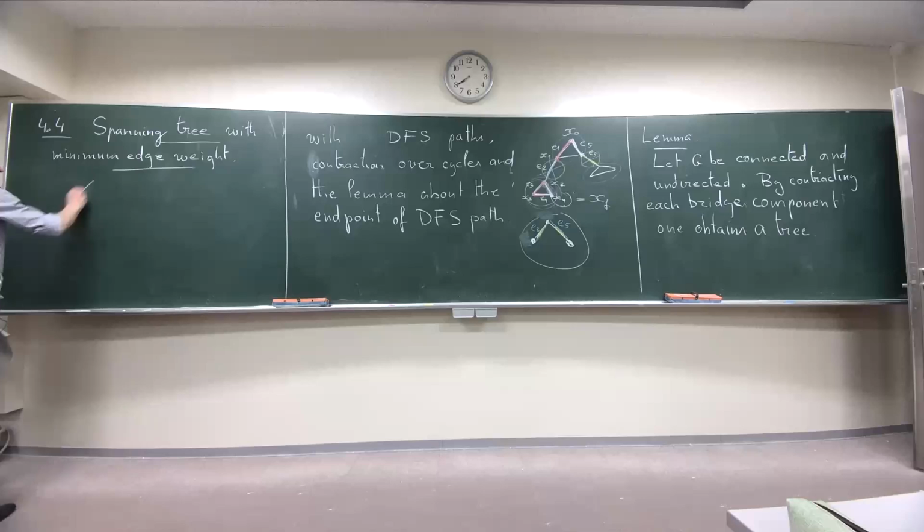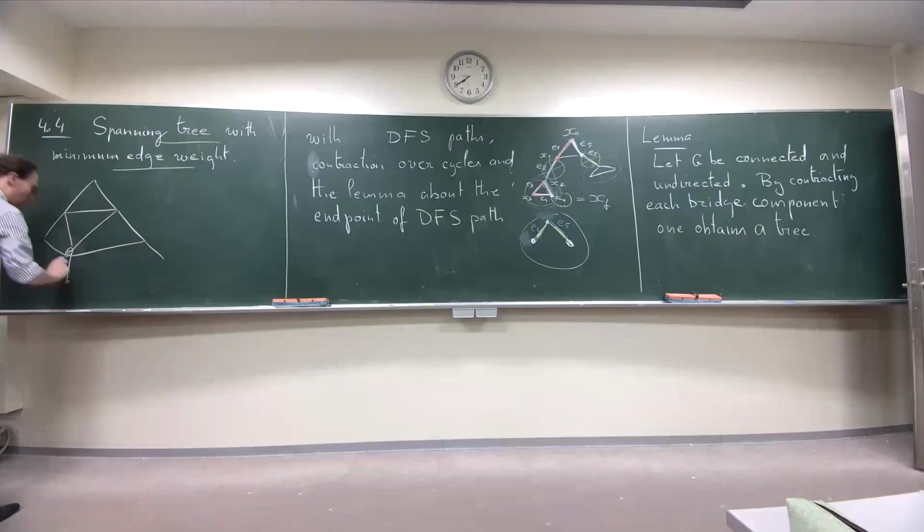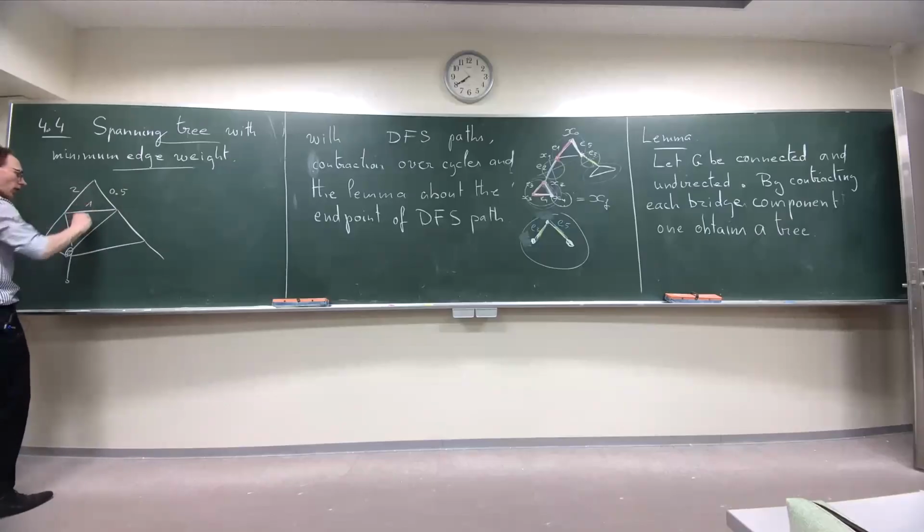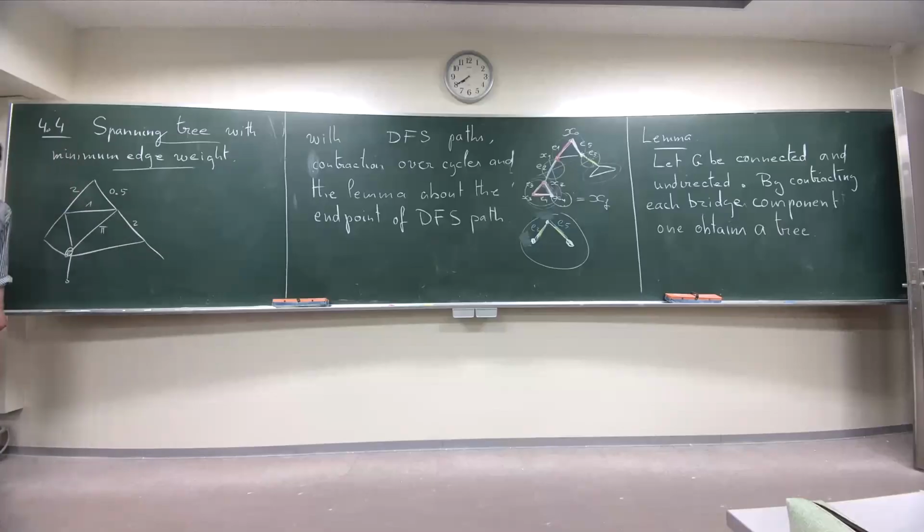So I'm going rather quickly, but we have a graph. And now we know what a weight is. On edges, I put a number, let's say 0.5, 2, 1, pi, whatever, and so on.